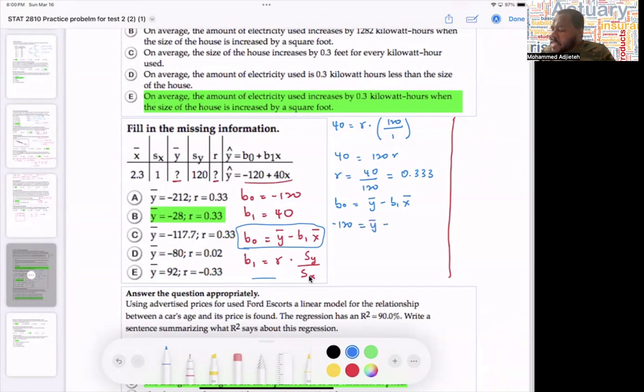Minus beta 1 is 40. x bar. x bar is 2.3. So we have negative 120 equals y bar minus, what is 40 times 2.3? So we can use our calculator to do that.